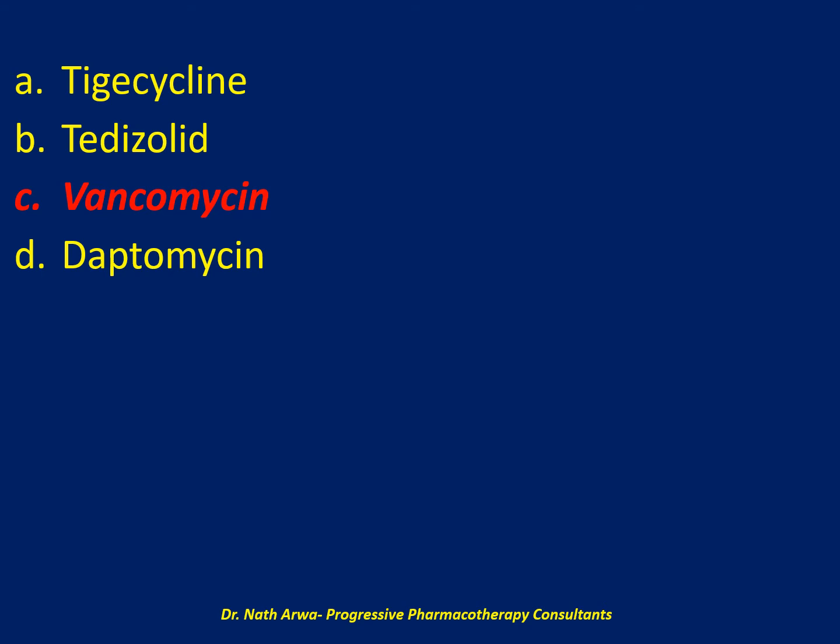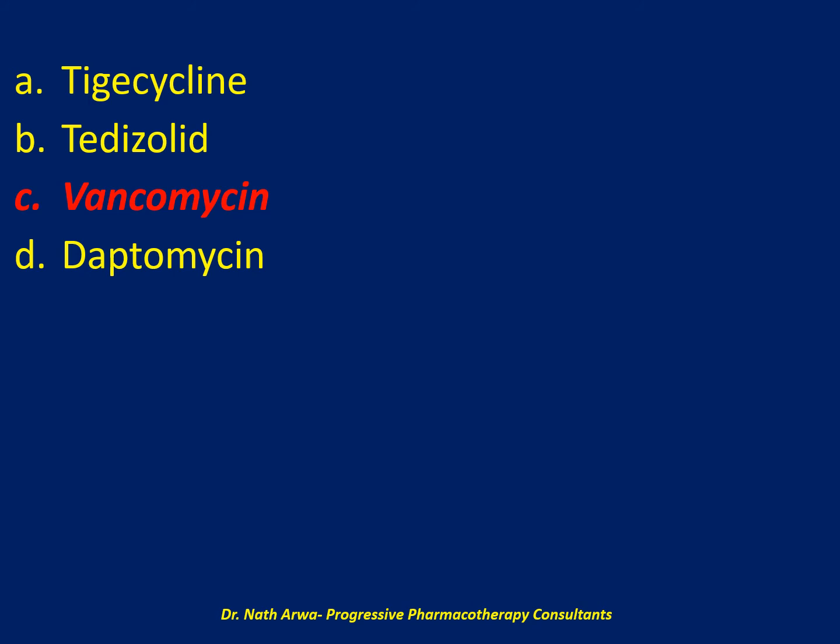Now, the IDSA HAP/VAP guidelines recommend either vancomycin or linezolid for patients at risk of MRSA infection. Now, the guidelines state that an MRSA prevalence of above the 20% mark or receipt of IV antibiotics within the past 90 days are indications for MRSA treatment in such patients.